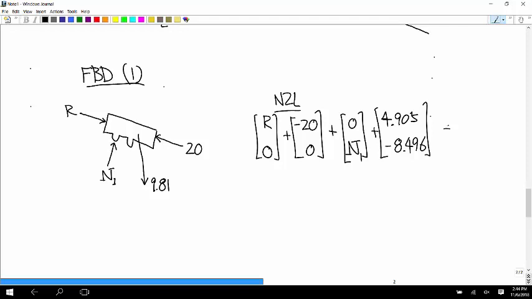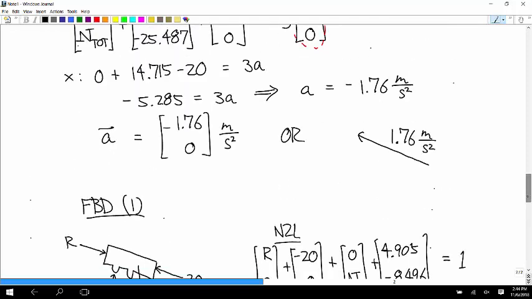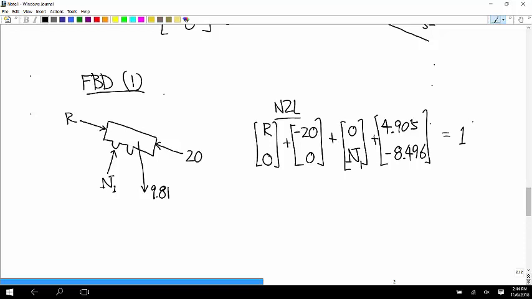And then that's equal to the mass of 1 times the acceleration vector, which we calculated in part A. This is the weight of this object, 9.81 times the cosine and sine of 300 degrees.